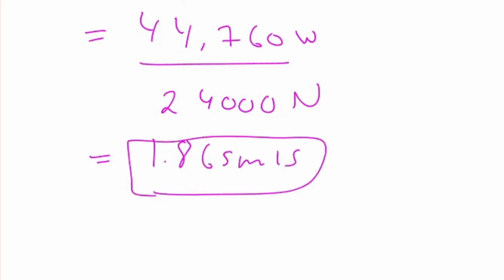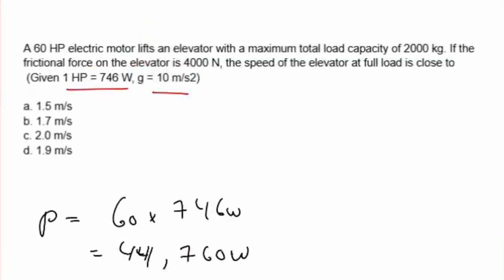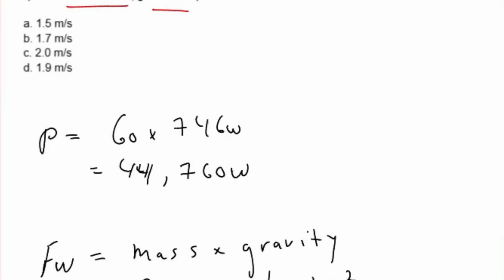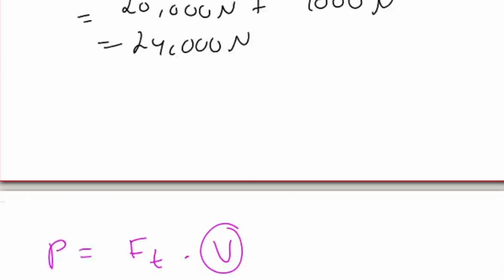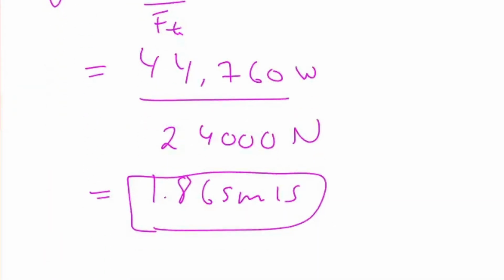If we look at our options, the closest answer is 1.9 meters per second. So that is our final answer to this question. Hope this question helped. Have a great day.